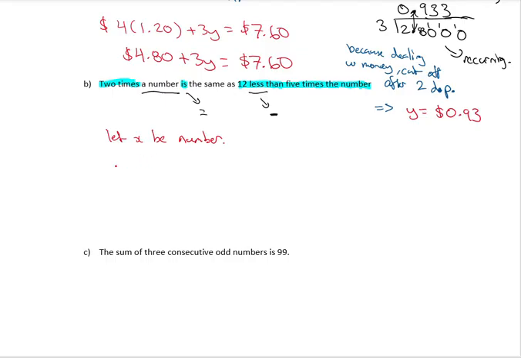So my question here is saying 2 times a number. So 2 times x, okay, is the same as 12 less than 5 times a number.